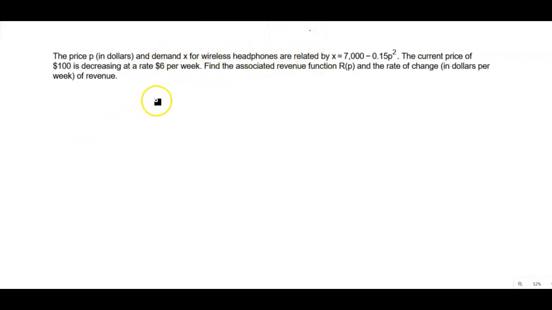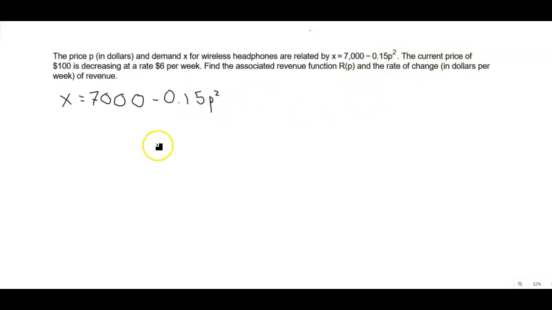Okay, so we have this equation here, X equals 7,000 minus 0.15 P squared, and this relates the demand with the price. Okay, so we know that.